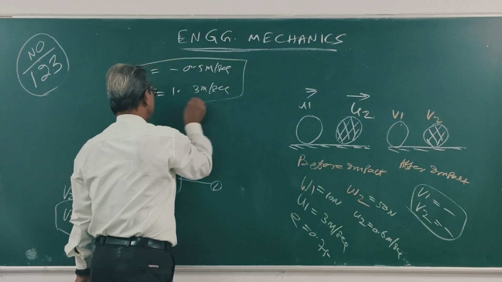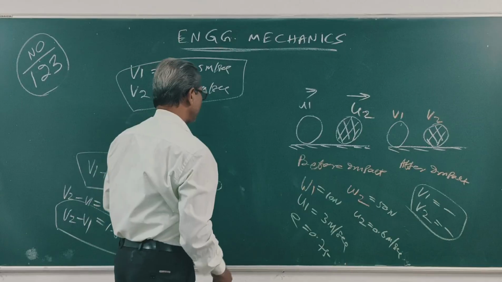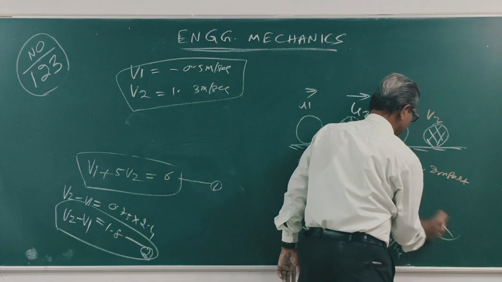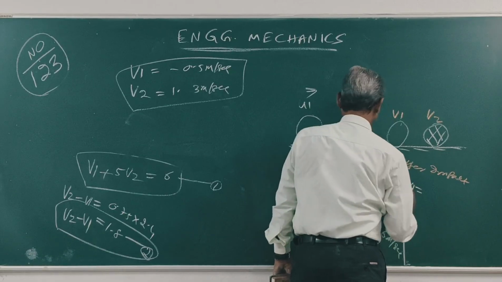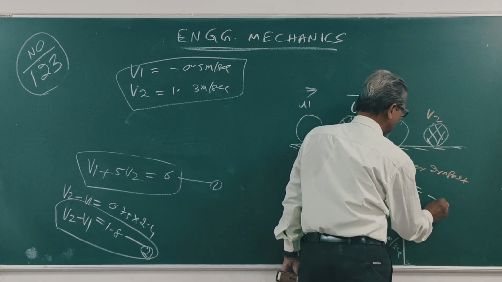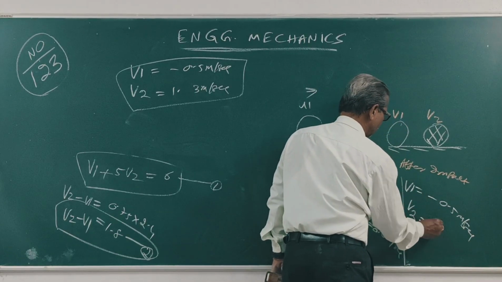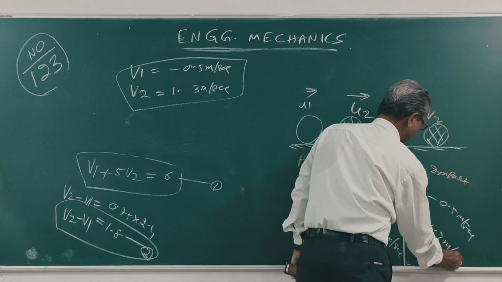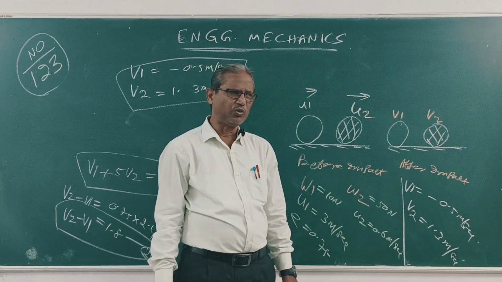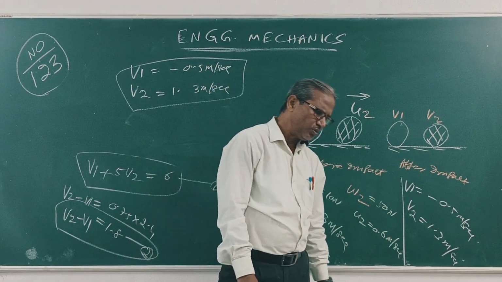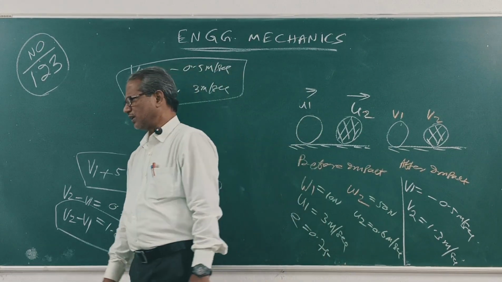So you will use calculator to find these values, V1 and V2. Clear? I will write here, V1 is equal to minus 0.5 meter per second, V2 is equal to 1.3 meter per second. Right, this is U1, U2, V1, V2. Then we will find out loss of KE. Clear? So what is the loss of KE?